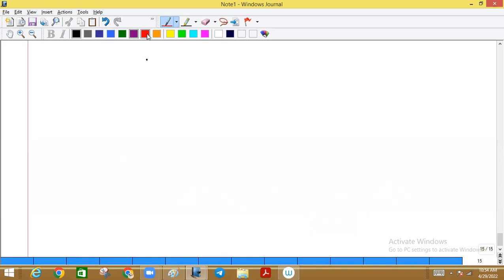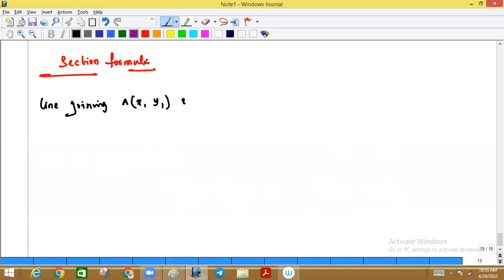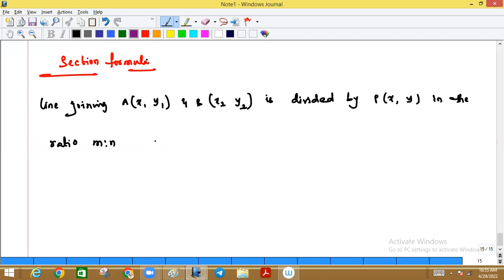Put the heading as section formula. The line joining A (x1, y1) and B (x2, y2) is divided by P (x, y) in the ratio m is to n internally first.